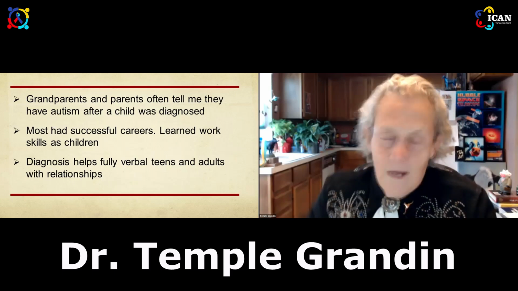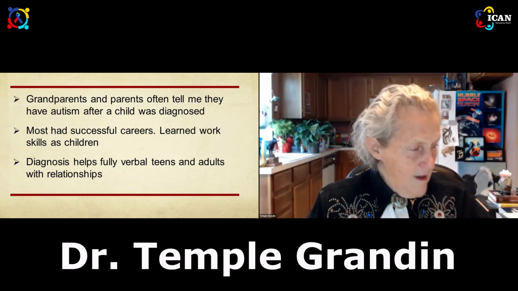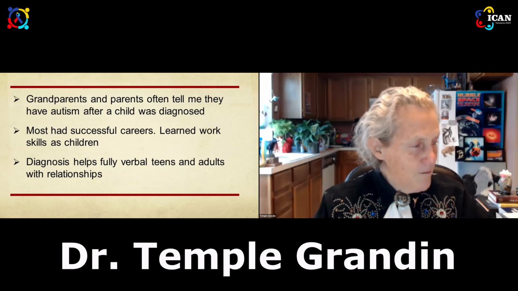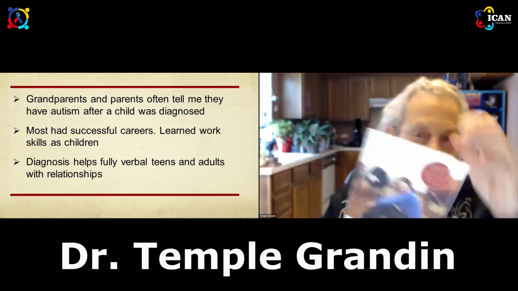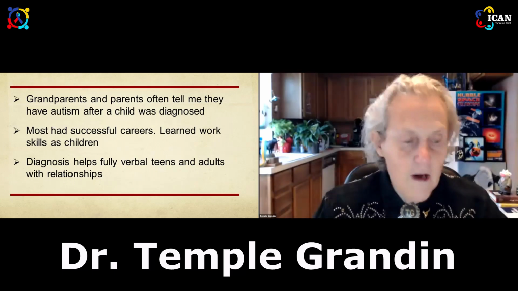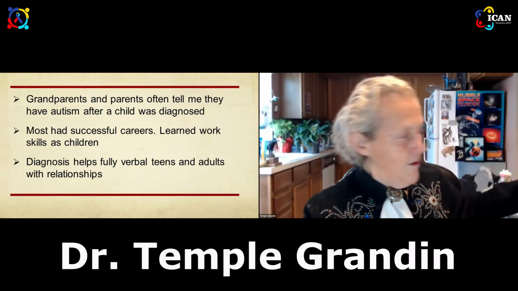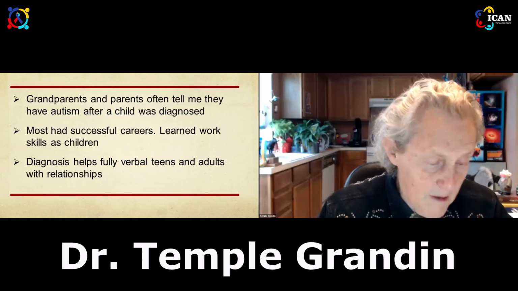Because then I had a lady come up to me at the airport, and she said that my book, Thinking in Pictures, helped her understand her engineer husband. There's my book, Thinking in Pictures, my old autobiography. She now understood her engineer husband, now that she had found out about autism. These kind of things are coming up all the time.